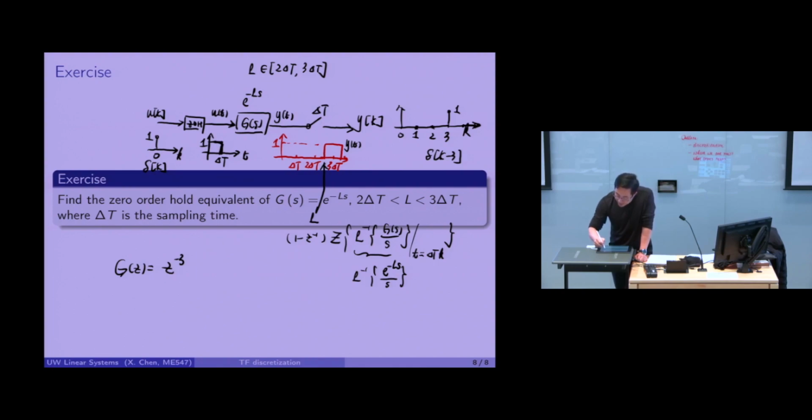If you apply the z transform to the output over here, the z transform of a delayed signal is z to the power of -3. So this is the final solution. You don't actually have to do inverse Laplace and then z transform. This comes directly out of the workflow, analyzing all the signals in between.